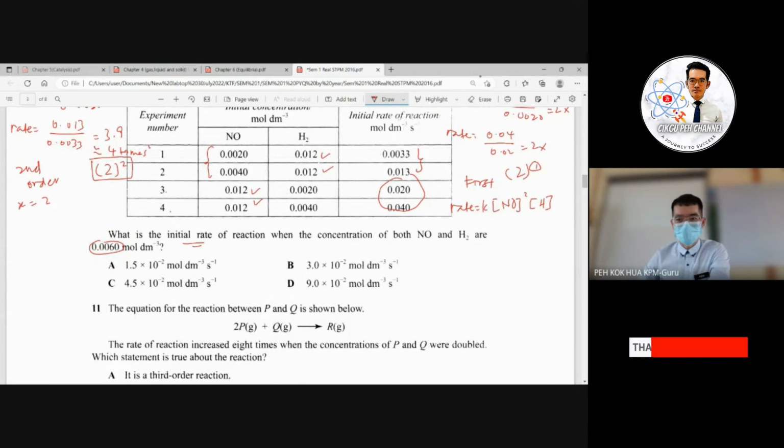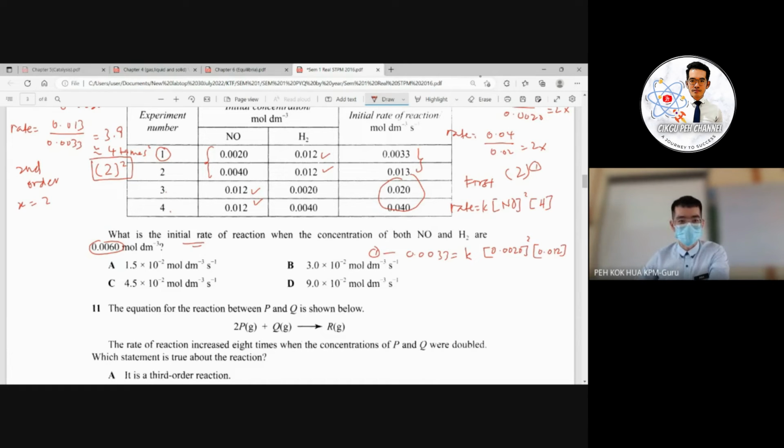We can choose one of the experiments, for example the first one. The rate here is 0.0033, NO is 0.02 squared, and H2 is 0.012. So this will be the first equation.